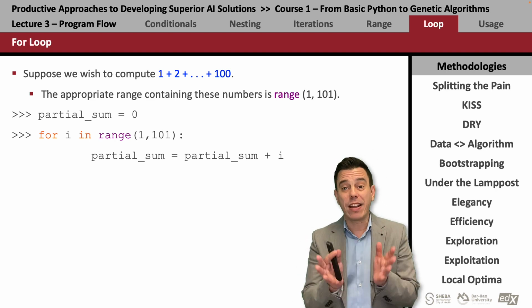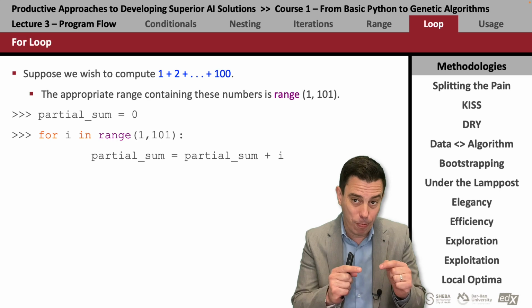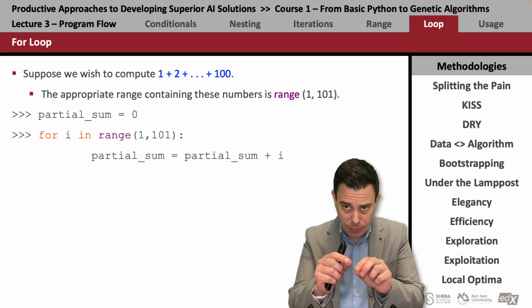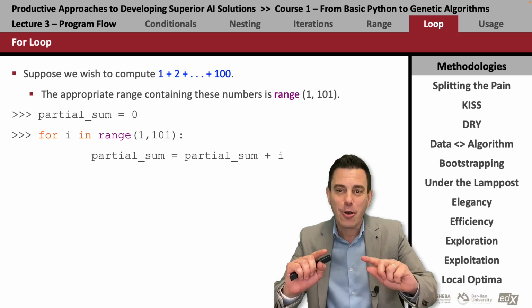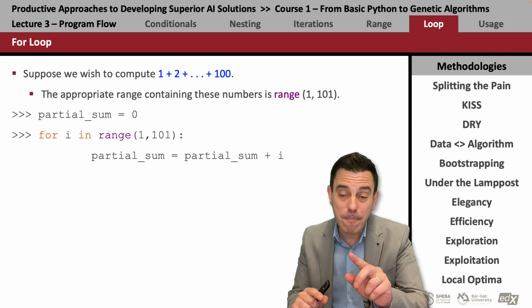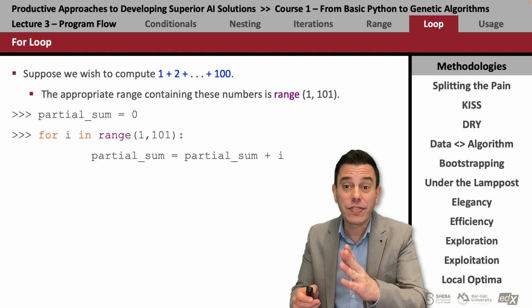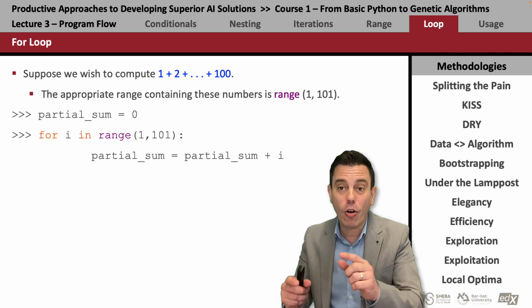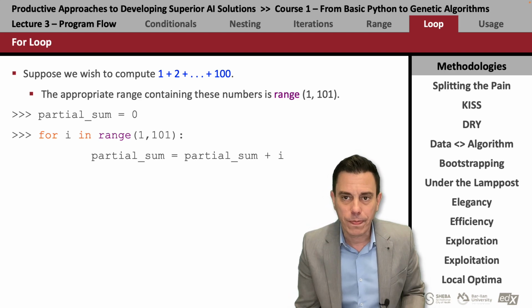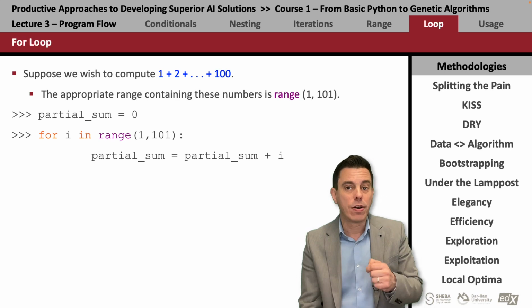We reach the end of the scope of the loop, and therefore the interpreter, the little person inside the computer, will go back to the beginning of the scope, but this time I receives the next value in the range. So now I equals 2, going now inside the scope.